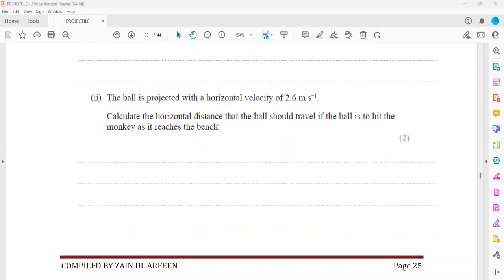Whenever horizontal components are used, we don't use equations of motion, as there is no acceleration. We assume there is no air resistance to oppose the motion. So speed equals distance divided by time. The launching speed is 2.6. The distance is what we are finding, we can also say the range.